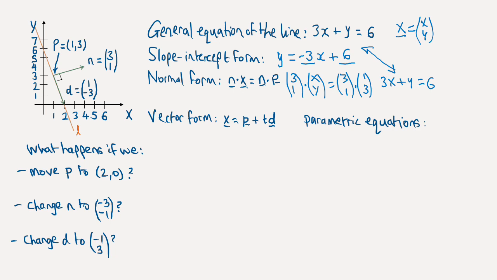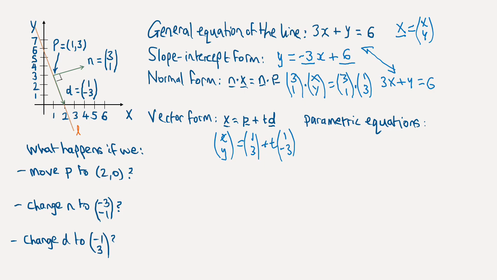So let's write out what that looks like. So the vector x, so x, y equals point P, so 1, 3, plus t, which is just a scalar, and the direction vector d, 1, minus 3.